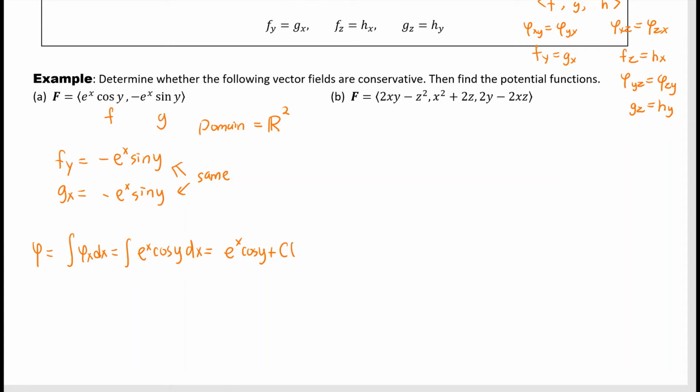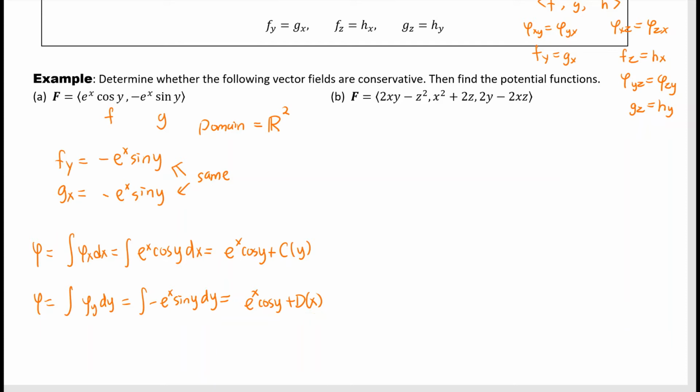X is the variable, and y is considered a constant in this case, so c is actually a function of y. On the other hand, phi is the integral of phi_y with respect to y, that's minus e to the x sine y dy. The integral of sine y is minus cosine, so we have e to the x cosine y plus d of x. Here y is the variable, so x is the constant, so the constant is a function of x.